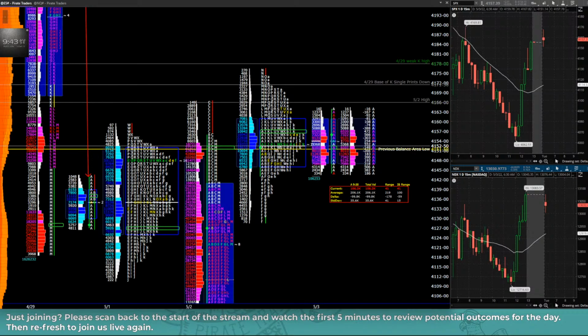It's interesting that this volume cliff today is exactly where it was yesterday. Somebody really loves that 4150 number. Of course, they were net sellers there yesterday. We know.